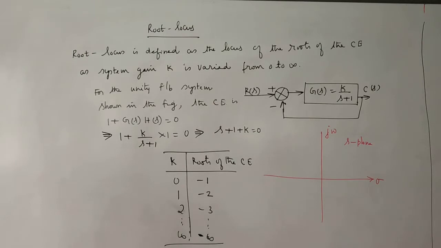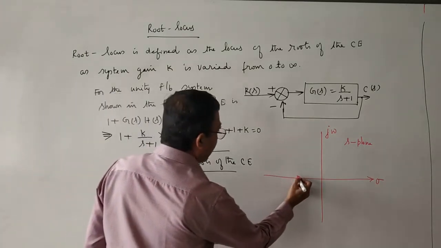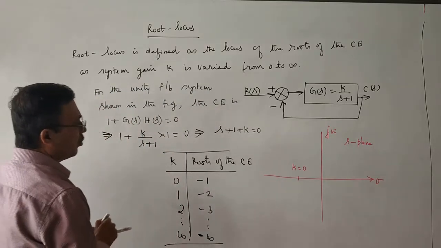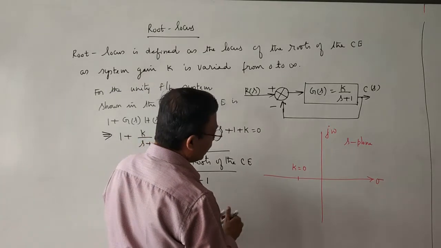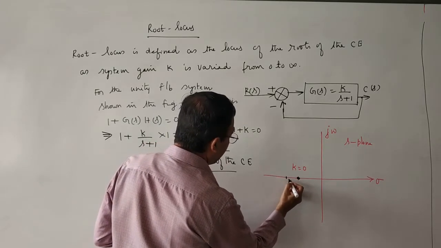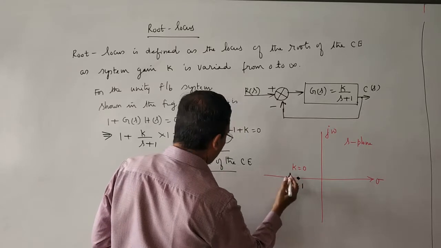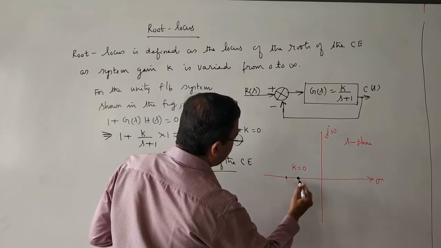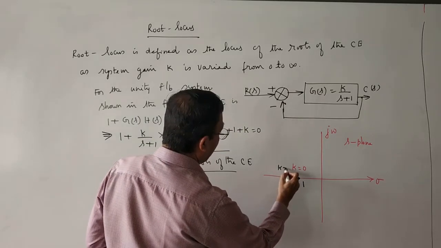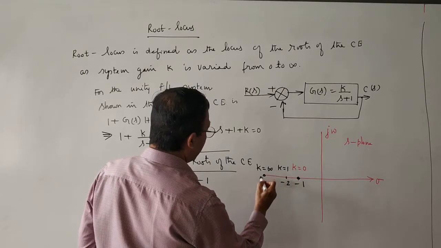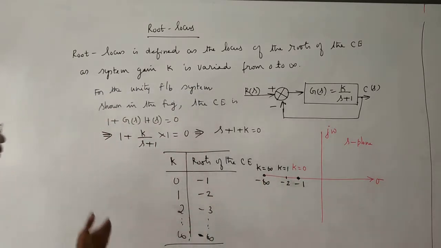When k is 0, the root is minus 1. When k is 1, the root is minus 2. Finally, when k is infinity, the root is minus infinity. For different values of k, I have plotted the roots.